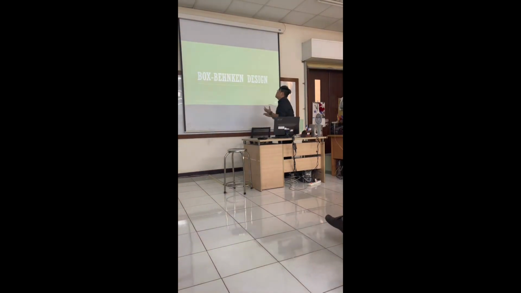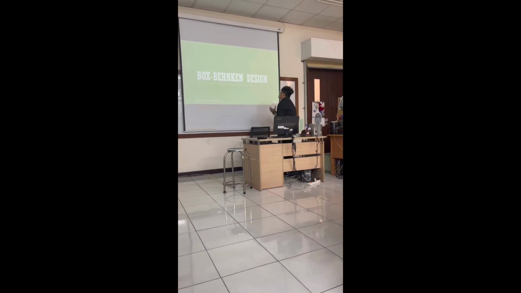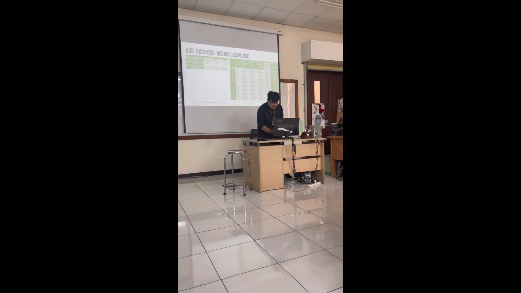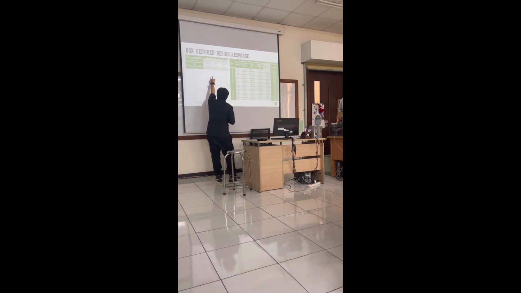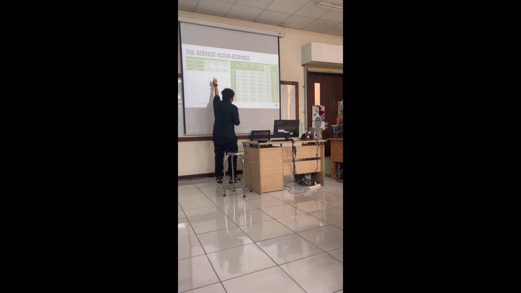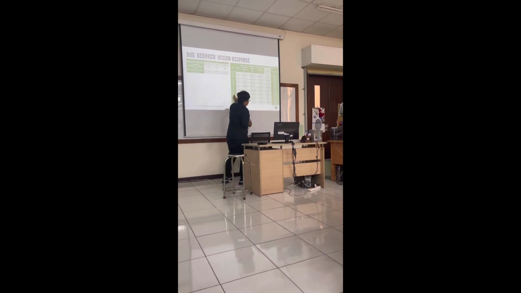Next, after I chose the factors and the region, I will do the Box-Behnken experiment. I did the Box-Behnken experiment, and this is the result. So, recall that these are the factors that I have screened, and this is the result.